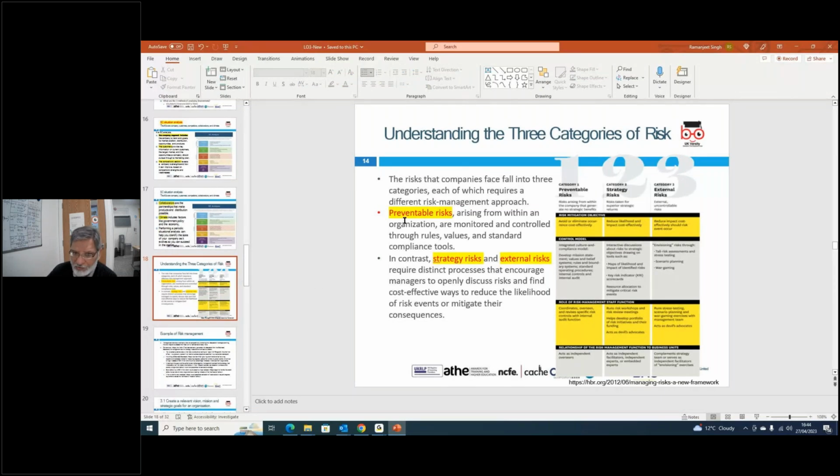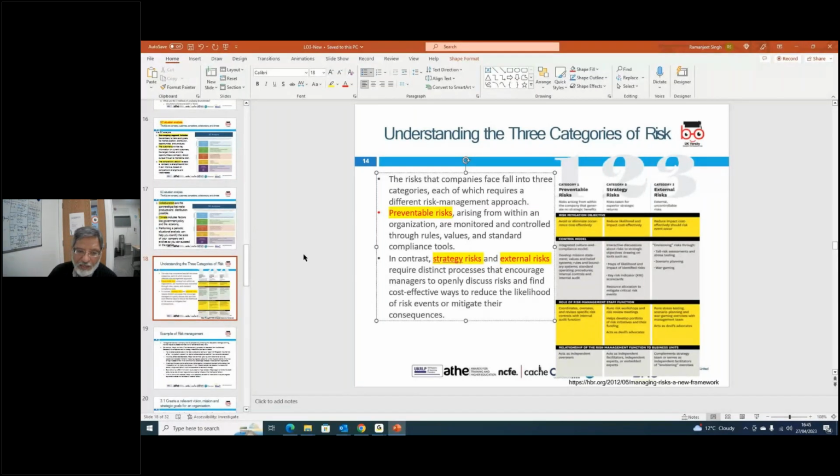Strategic risk: are you going to shift your resources, are they costly, and how are you going to be effective? Preventable risks are things that you can prevent, things that you can avoid without being affected by other things, like operational risks, standard types of risks.